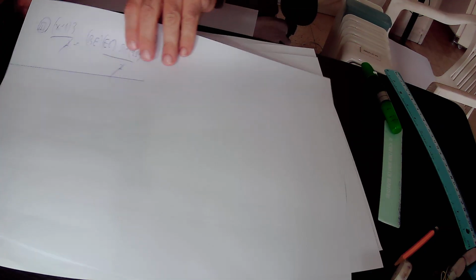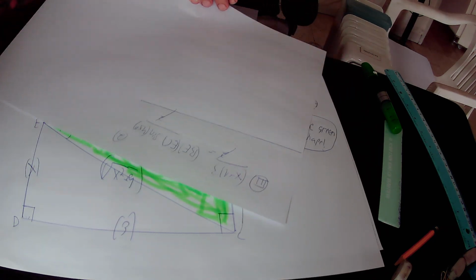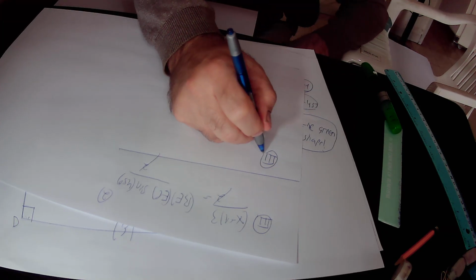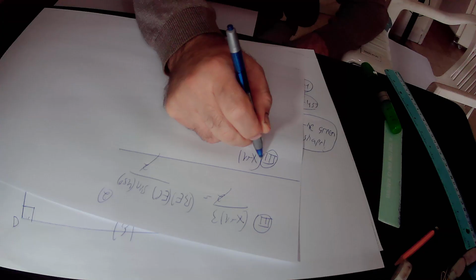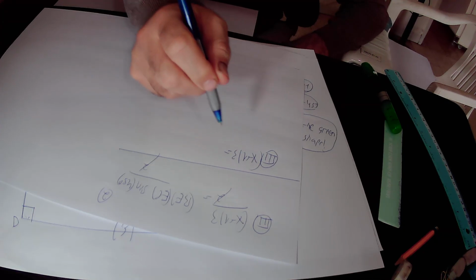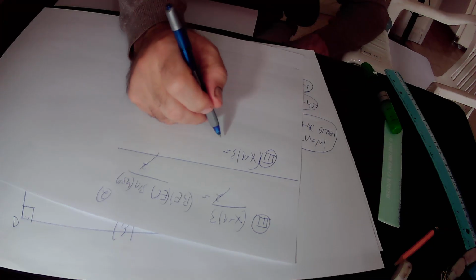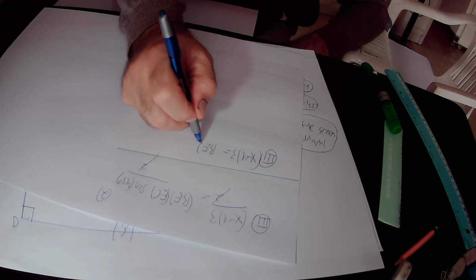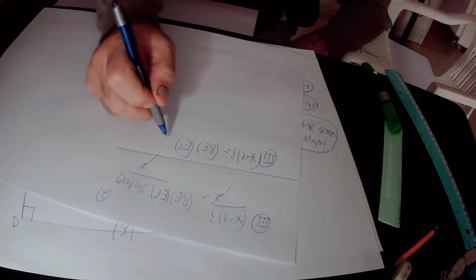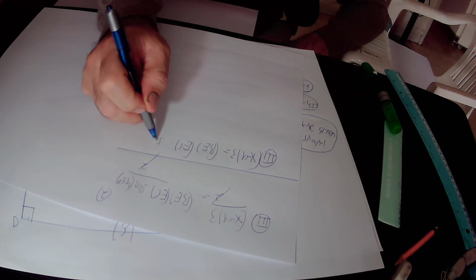After we cancel 2, on this side of equation 3 we are left only with (x plus 1) times 3. And on the other side of the equation we are left with BE times EC times sinus 45 degrees.